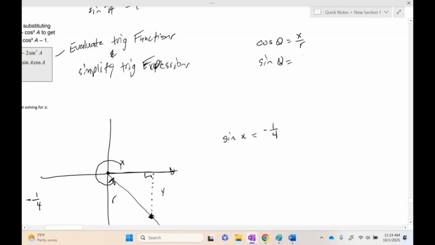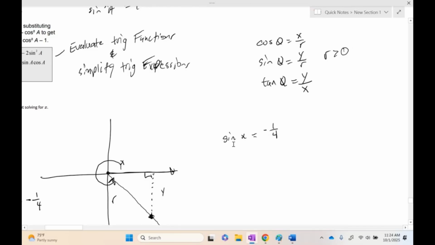The sine of some angle is y over r. And the tangent of some angle is y over x. And remember that r is always positive.